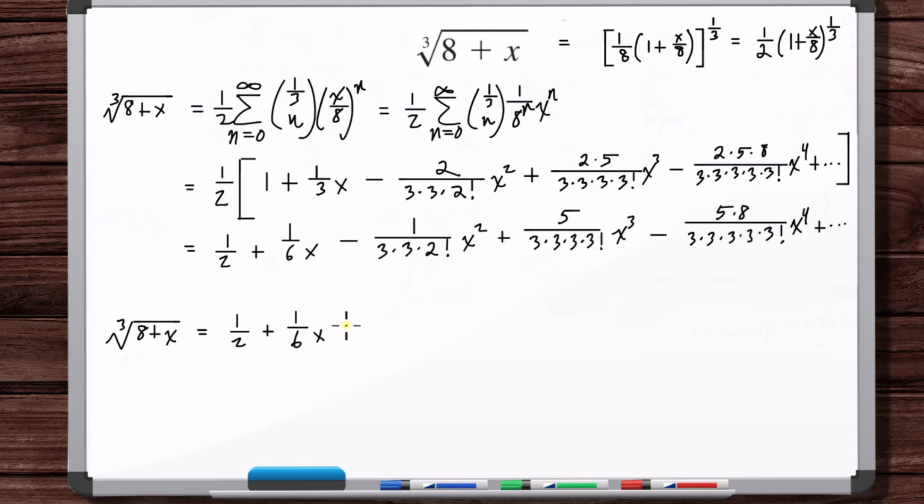So okay, we've got minus 3 times 3 is 9, 9 times 2 is 18. Now, plus the sum n is equal to 3 to infinity of minus 1 to the n minus 1. Now we're starting here.